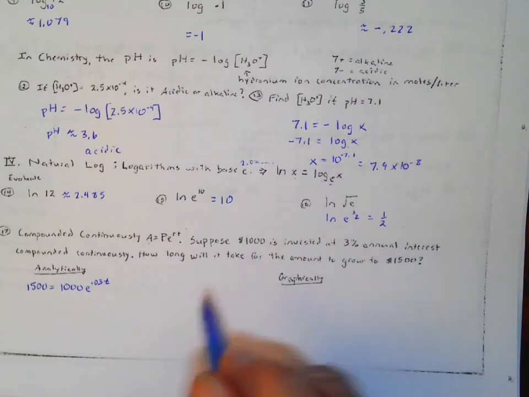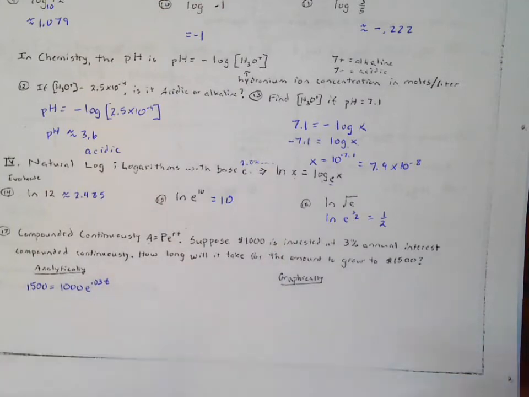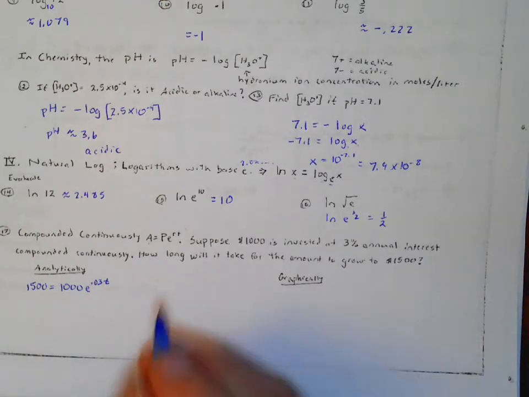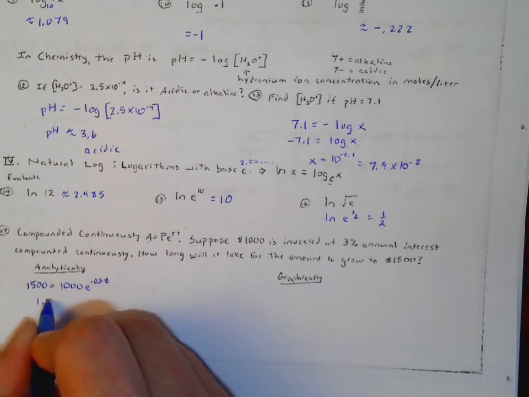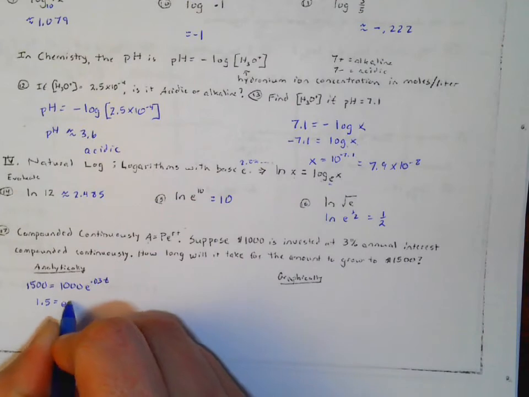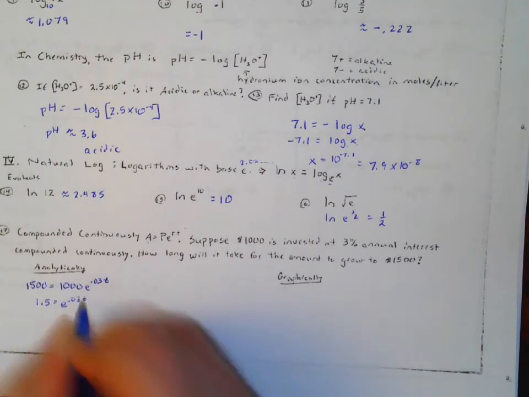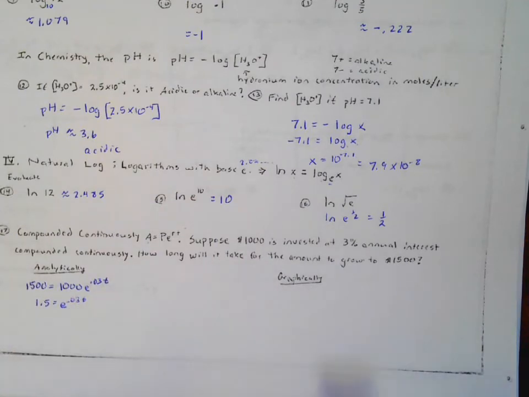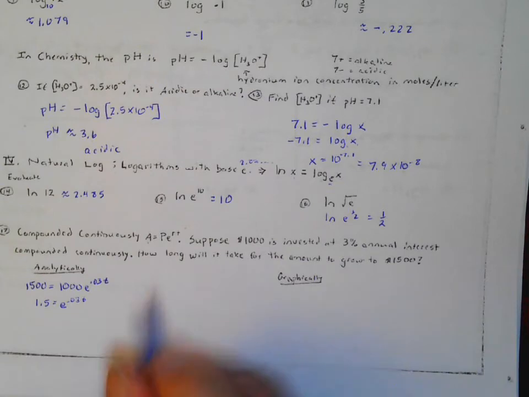Okay, so the first thing I would do is divide by this 1,000. So I get 1.5 is equal to e to the 0.03t. I had said that natural log is the inverse of the e.